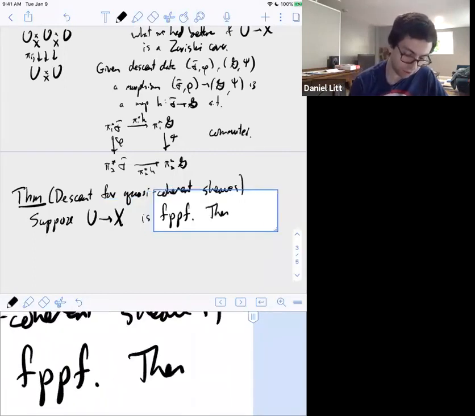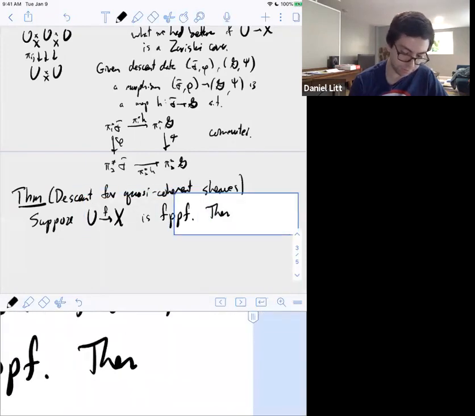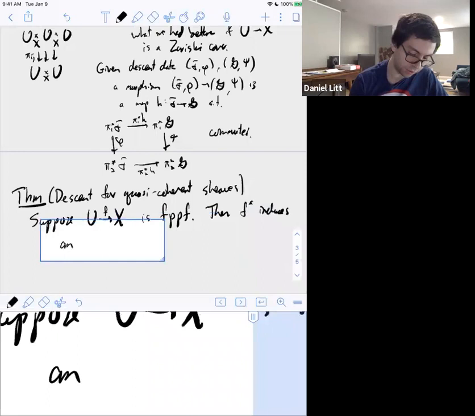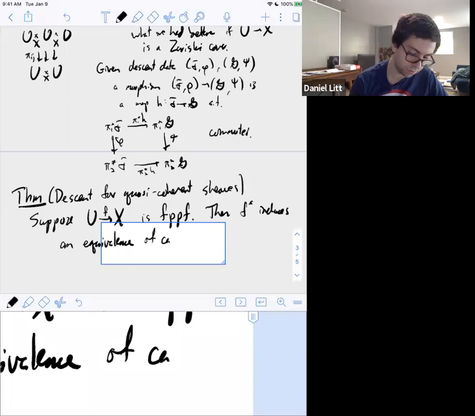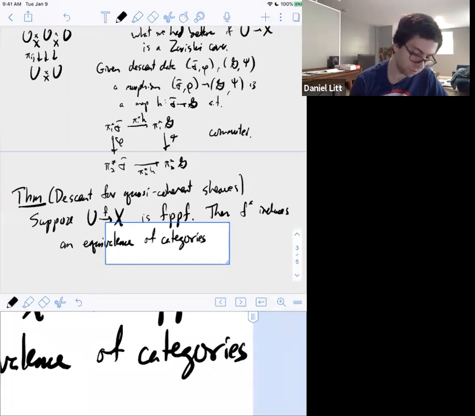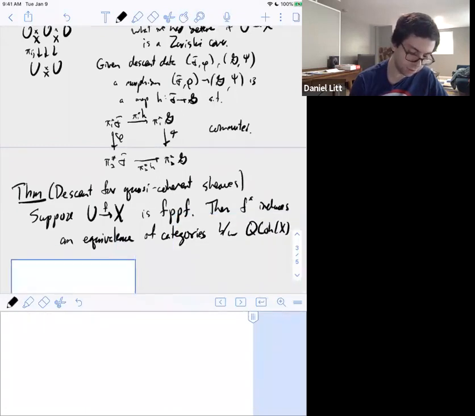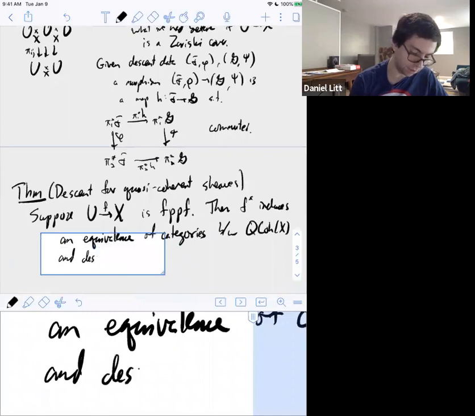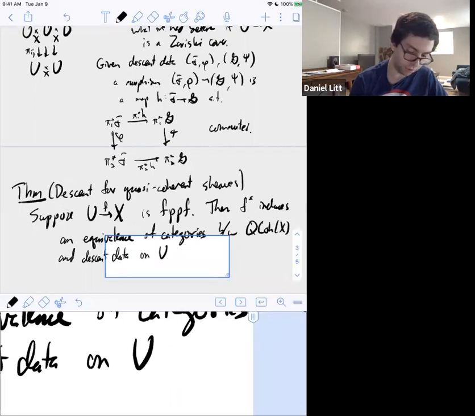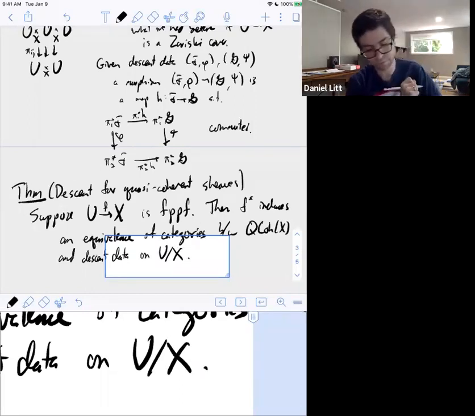Let me call this map f. Then pulling back along f induces an equivalence of categories between quasi-coherent sheaves on X and descent data on U over X. So that's the main theorem.